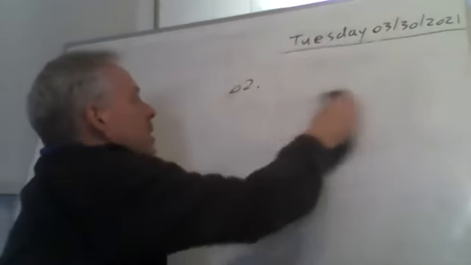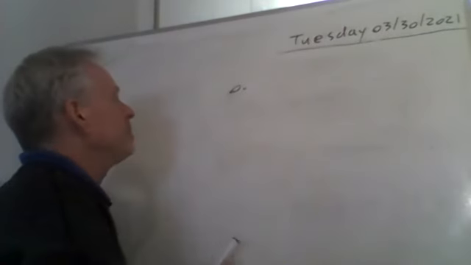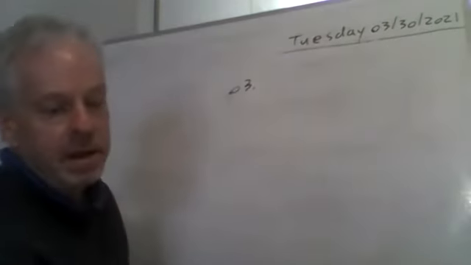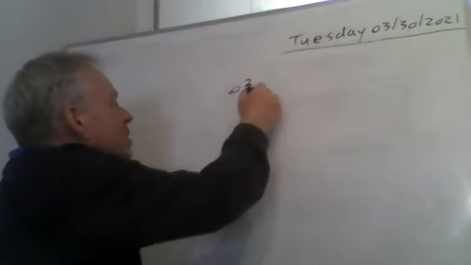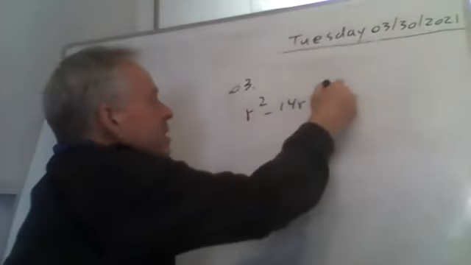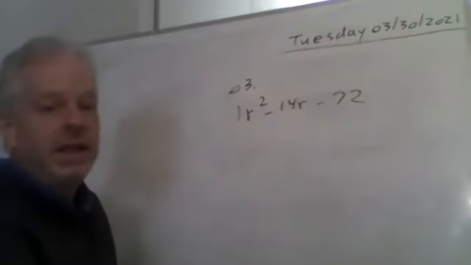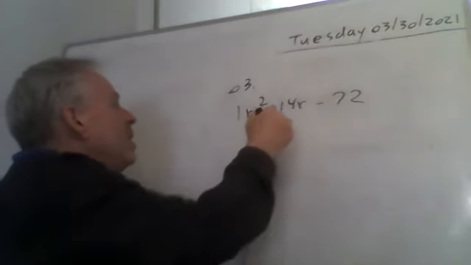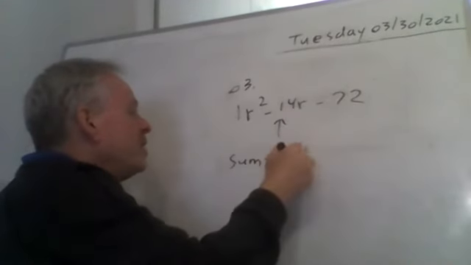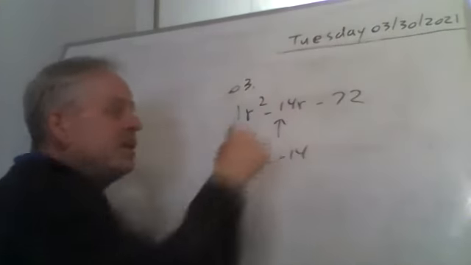The last one is example 3, which is r squared minus 14r minus 72. So again, you can see the leading coefficient is 1. We want two numbers whose sum is negative 14, because that's the coefficient of r.